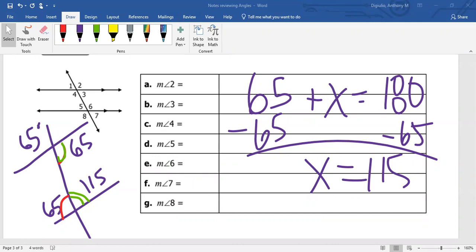Well, if you notice, even though we're talking about 3 as opposed to 2, I have 3 angles here that make a straight line. We know what a straight line is, right? That's 180 degrees. So we know that they should add up to 180 because they're supplementary, or if they form a straight line. That works too. All right.